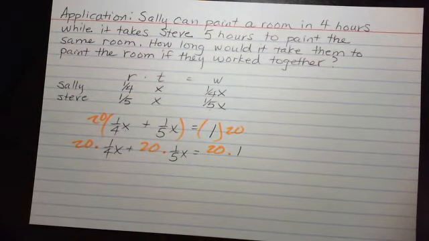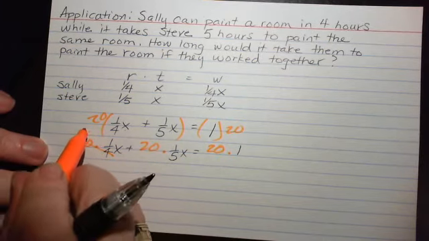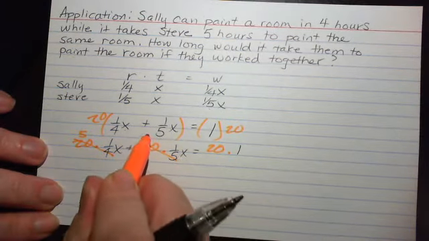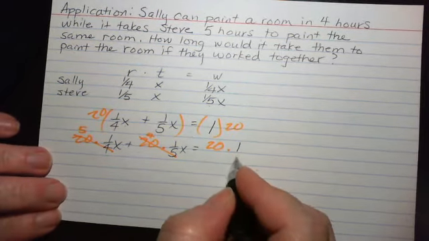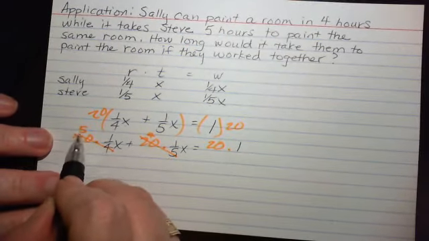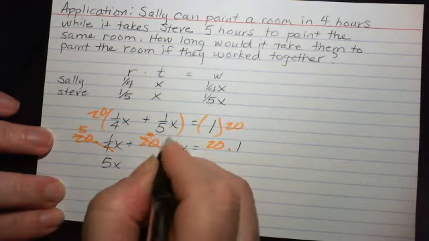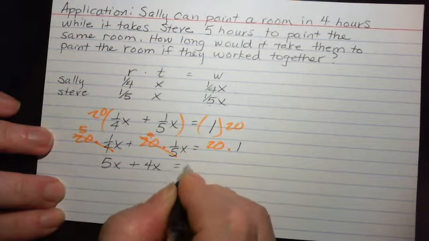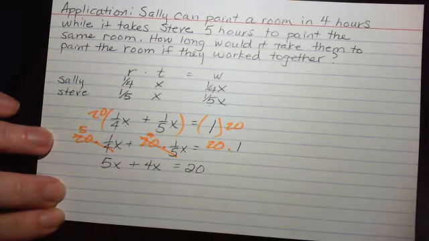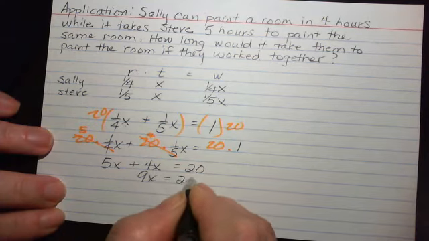Okay, so what that does here is this allows us to cancel. 20 over 4 cancels to 5. 20 over 5 cancels to 4. And there's no fraction here, so there's no cancel. So we're now multiplying 5 times 1 times x, 5x, plus 4 times 1 times x, plus 4x, is equal to 20. And we collect like terms here for 9x is equal to 20.